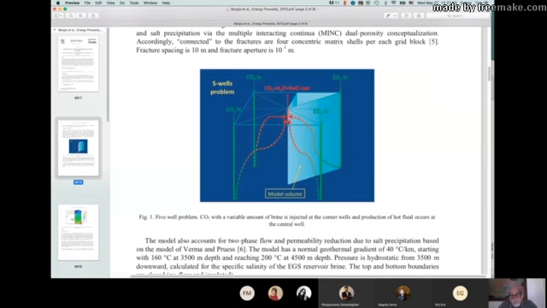The vertical distance between the producing well and the injecting well is about 1 kilometer.